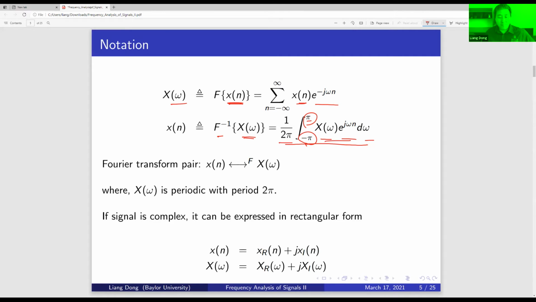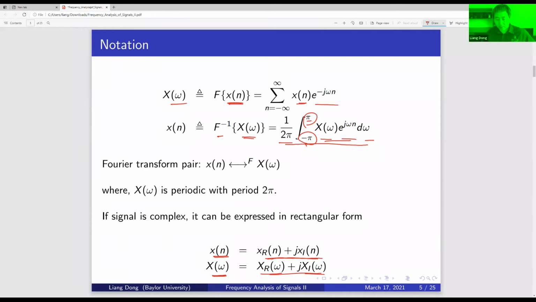If a signal is complex, it can be expressed in a rectangular form. So let's look into some detailed signals. If a signal is complex, it can be decomposed into two parts, right? Real part and imaginary part. In general, I can always do that. And then the signal in the frequency domain can also be represented in this rectangular form, real part plus j times imaginary part.